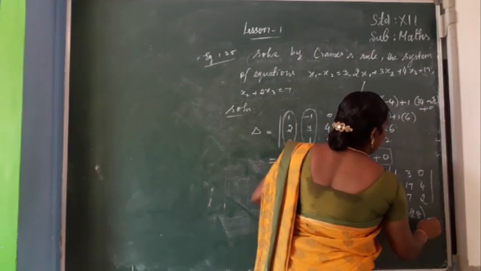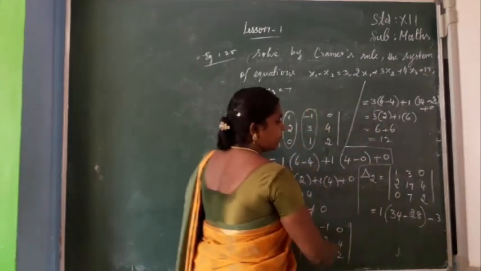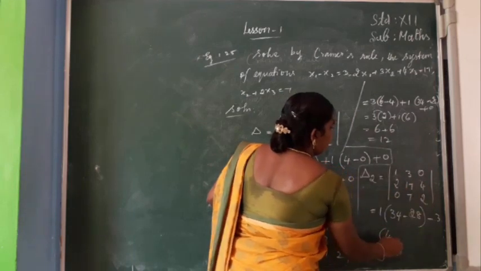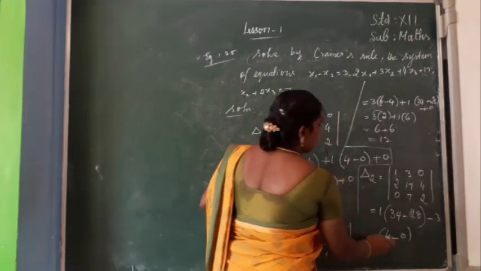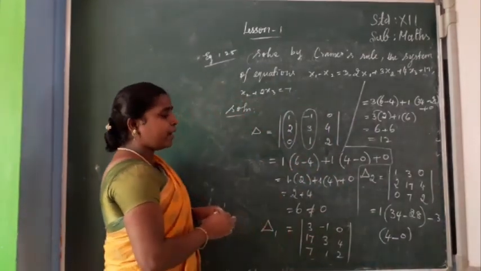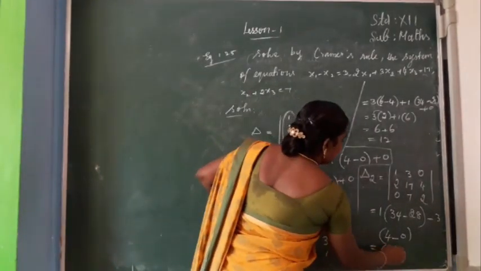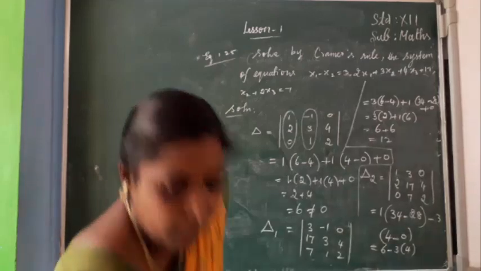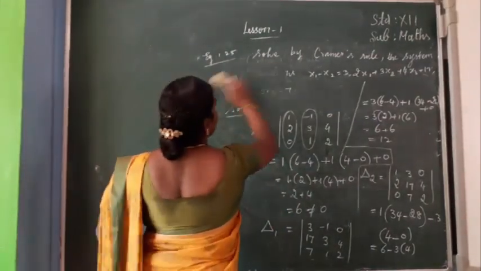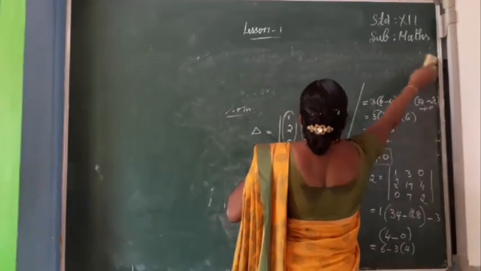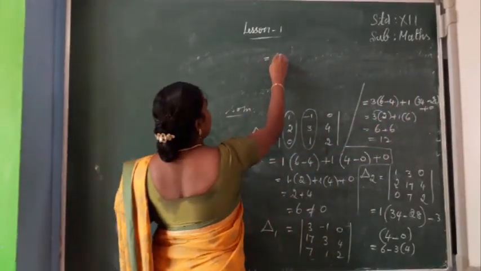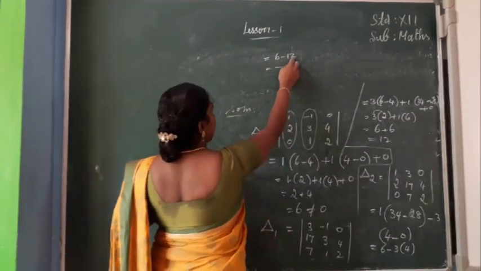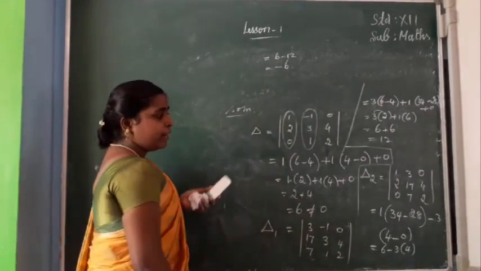Next, minus 3 into, taking the second column and first row, 2 twos are 4 minus 0 into 4 is 0. Next 34 minus 28 is 6, minus 3 into 4 minus 0 is 4. 3 fours are 12. So 6 minus 12, the greater number is negative, so first you put minus, then subtract from the greater: 12 minus 6 is 6. This is the value of delta 2.